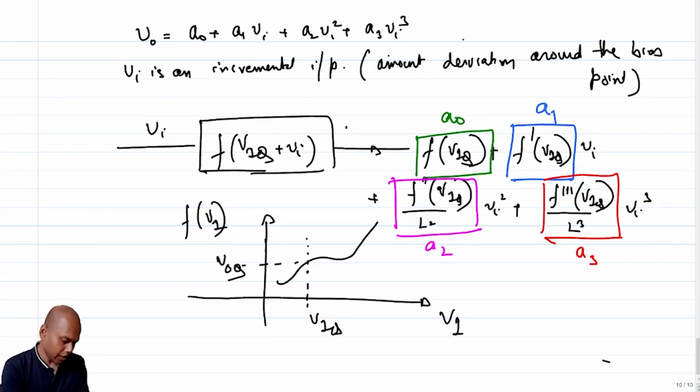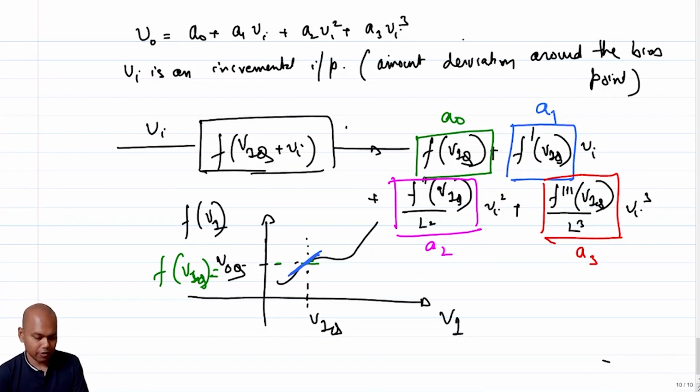So basically your A0 is VOQ, that is f of VIQ. So A0 is the bias point. What is A1? You take the first derivative, the slope at this point, you get A1. You take the second derivative by factorial 2, that is A2, the third derivative by factorial 3 is A3, right.